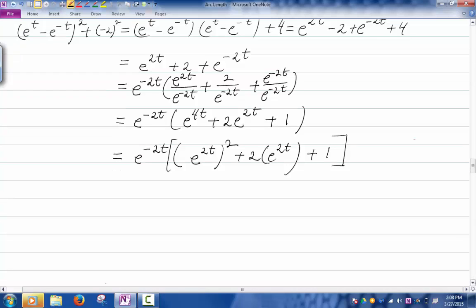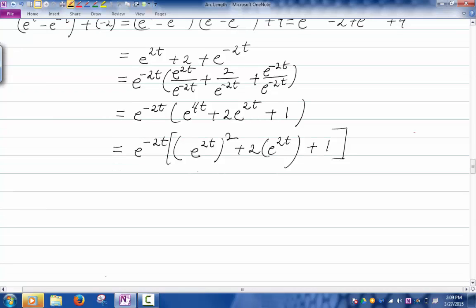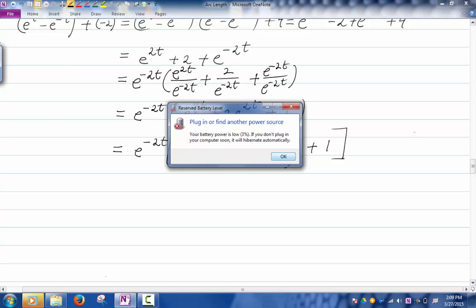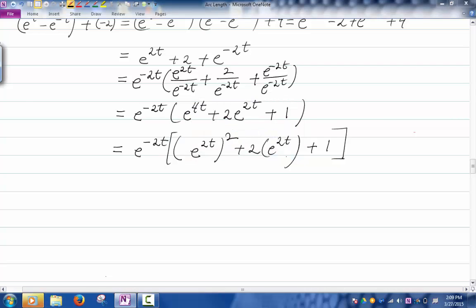Now, I am going to think of e to the 2t as, let's say, we didn't use x here at all, did we? No, we did use x. Let me use something else. What letter would you want to use?